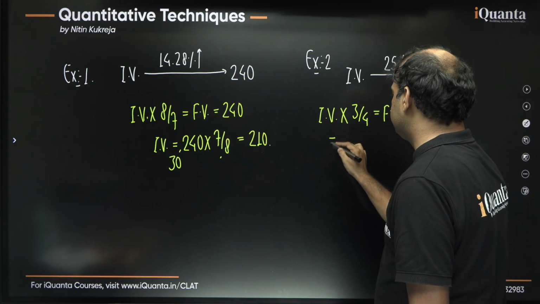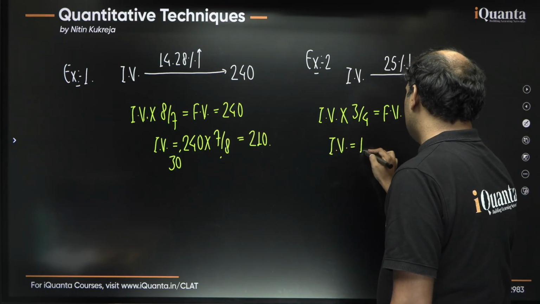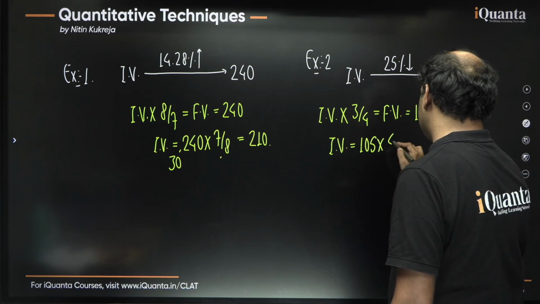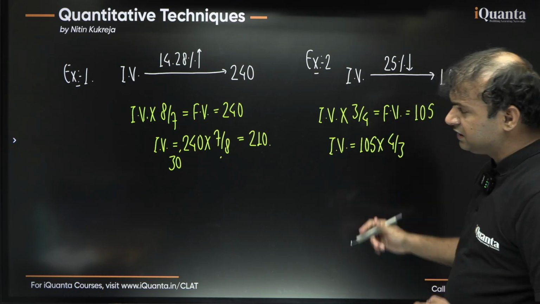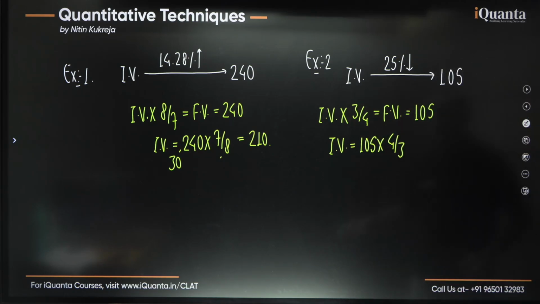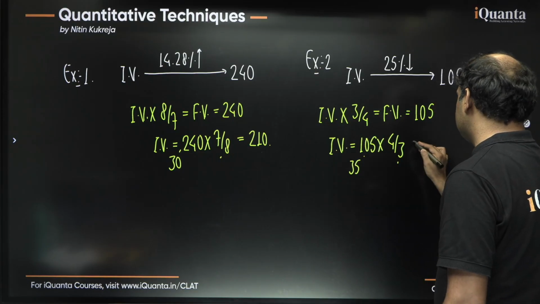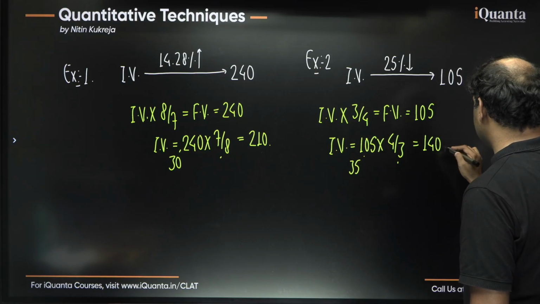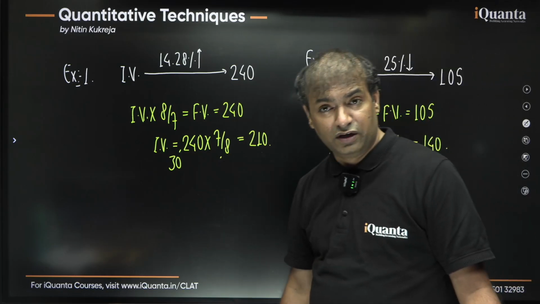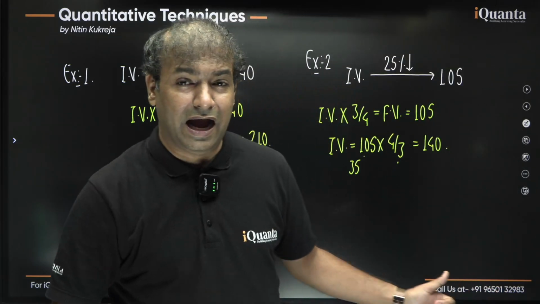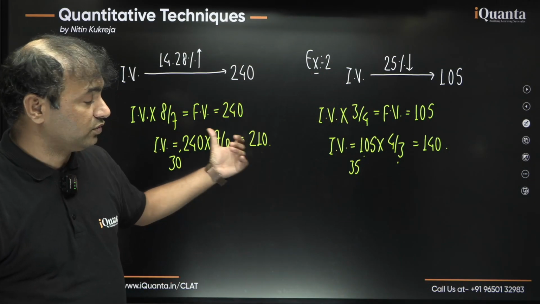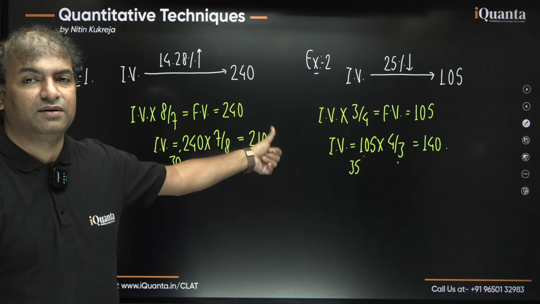So we can say that the initial value is 105 into 4 by 3. Now 105 by 3 is 35, and 35 into 4 will give us 140. So the initial value in this case is 140. You can see how easily we got the initial value in both of these examples by using the multiplication factor.